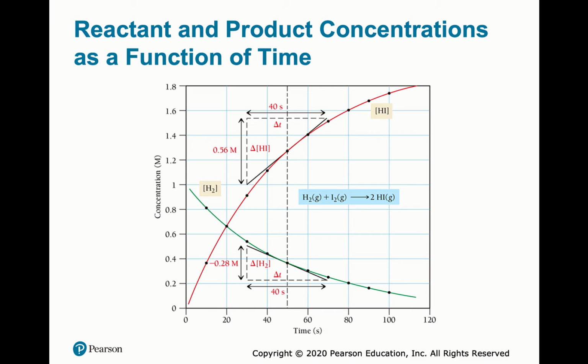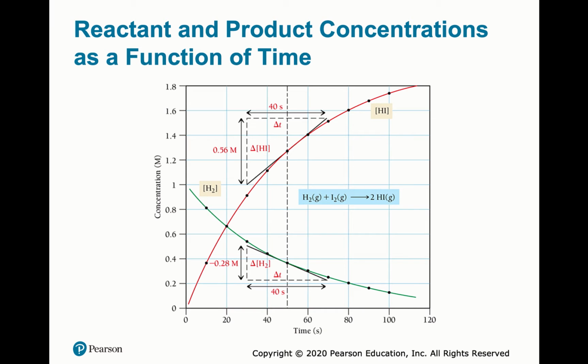If you look at this chart, the y-axis is concentration, the x-axis is time. This is looking at the hydrogen plus iodine makes 2 hydrogen iodides. Over time, the concentration of hydrogen is decreasing, while the concentration of the product hydrogen iodide is increasing.